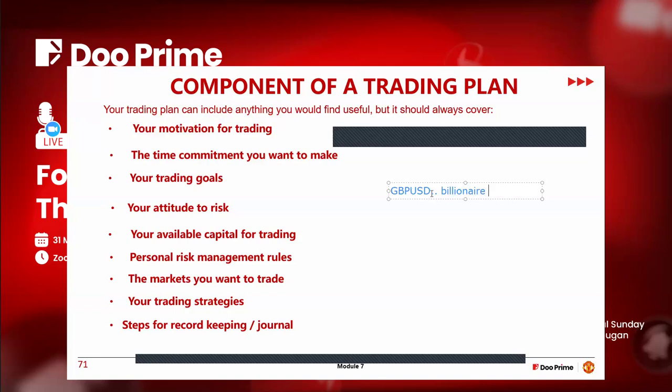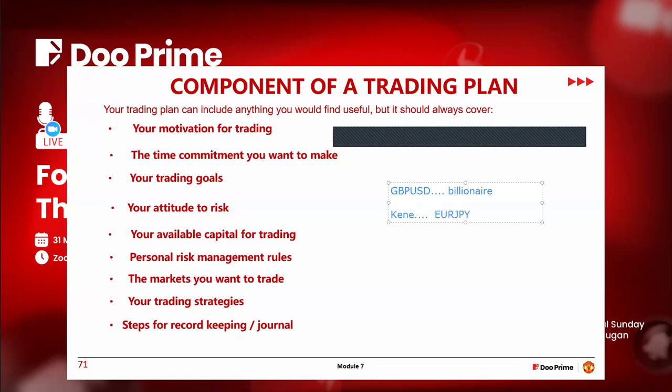He lives in this part of the world, and he's a billionaire in Naira. He doesn't trade more than that. I have another person I told you about, Kene, of Trade with Kene. Kene trades only Euro JPY. That's his only pair, and he's also a billionaire.